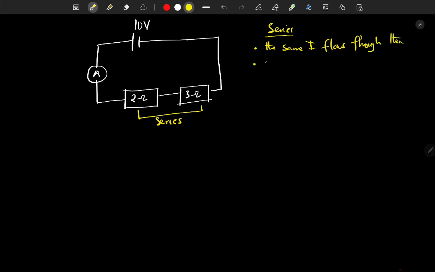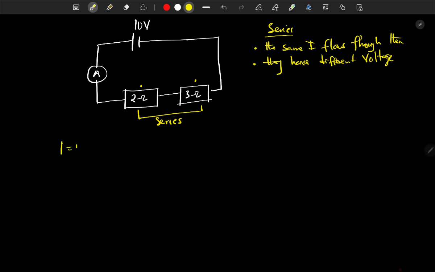But those resistors have different voltage flowing through them. So we are saying the current flowing through here and here is the same. That is the total current coming out from the circuit.